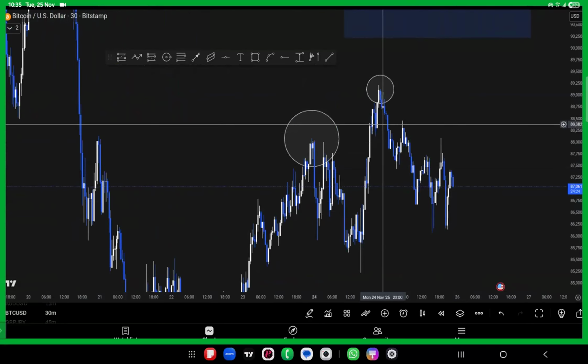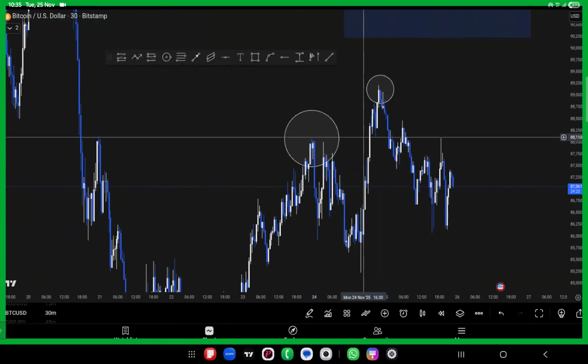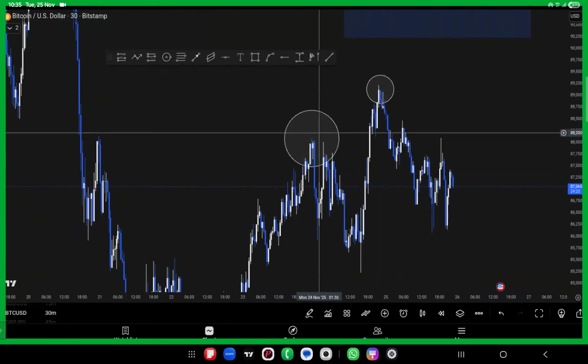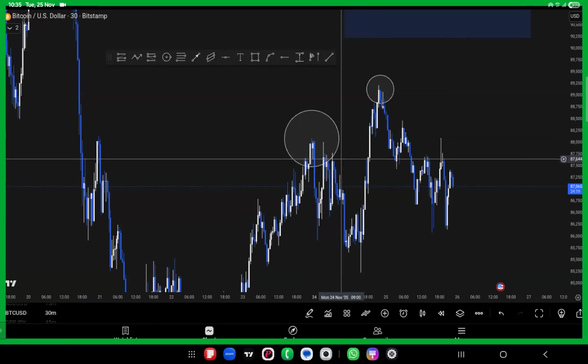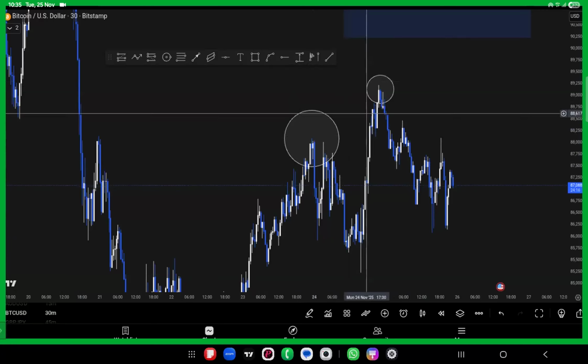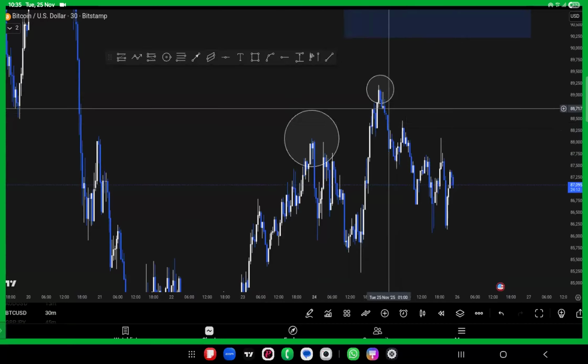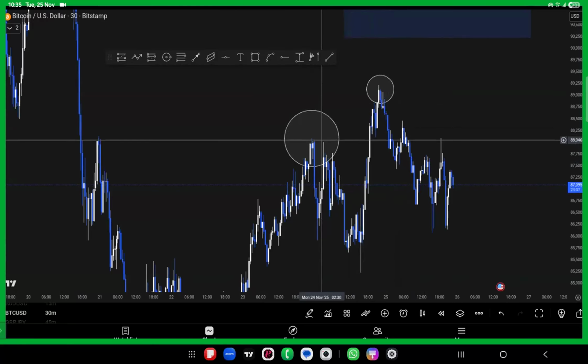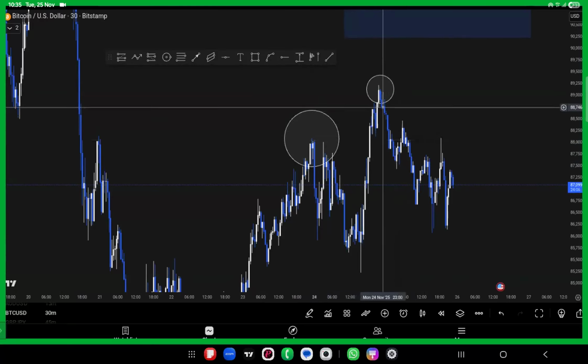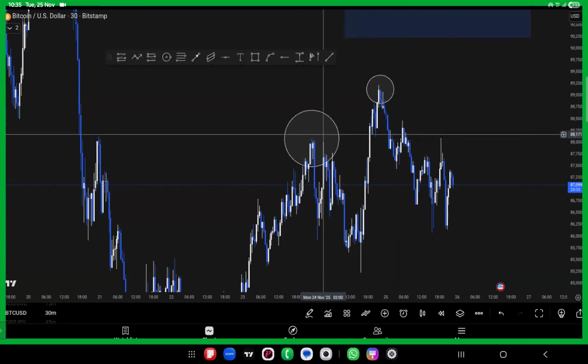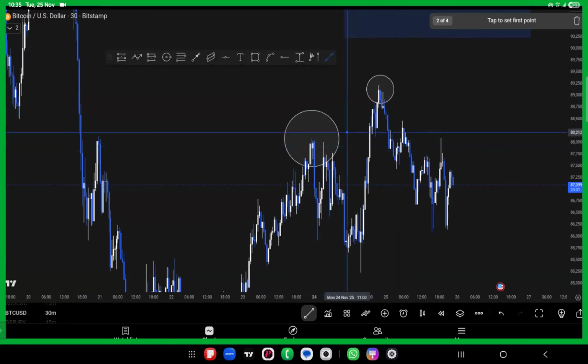The difference between this most recent one and the past one, that's what you want to look at. You don't want to look at the difference between the past one and the most recent one. So between these two highs, you will see that this high is higher than this one.